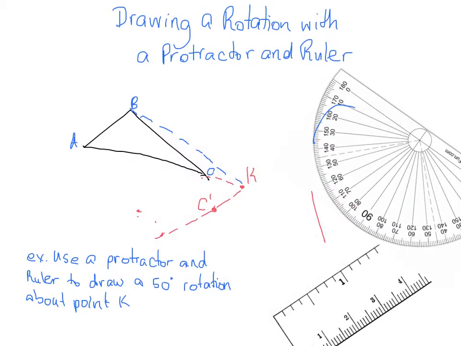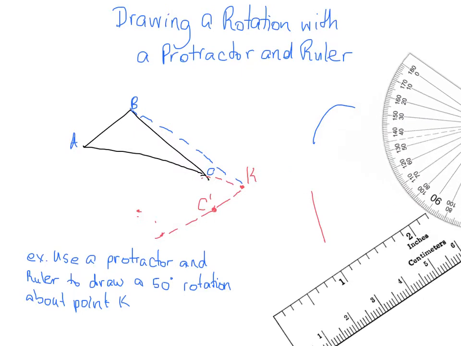You move your protractor out of the way. Then you extend the line from K through that point, and then you measure out the distance with your ruler. And I'm not going to do that because I'm just embarrassing myself with the fake ruler.